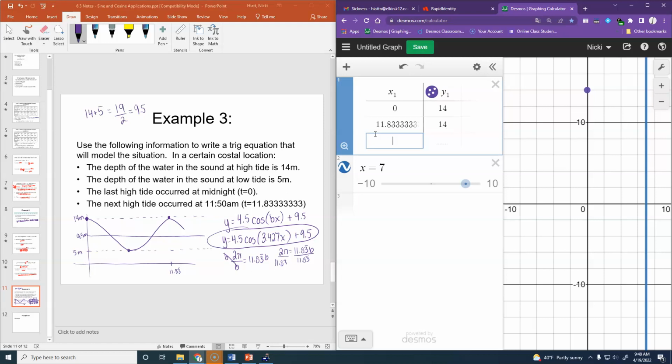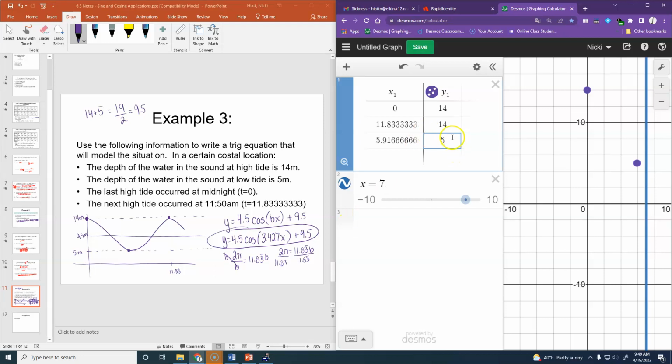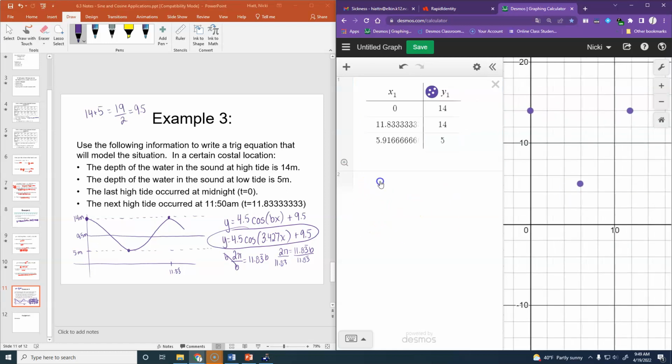If we take 11.83 repeating and divide that in half, at 5.916 repeating, our height should be 5. So let's see if it'll do this or not.